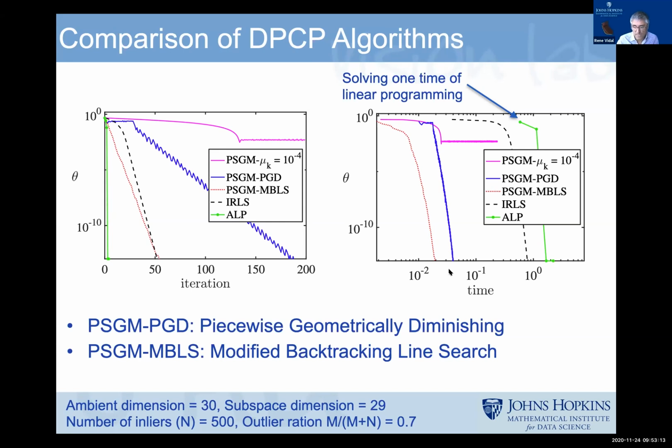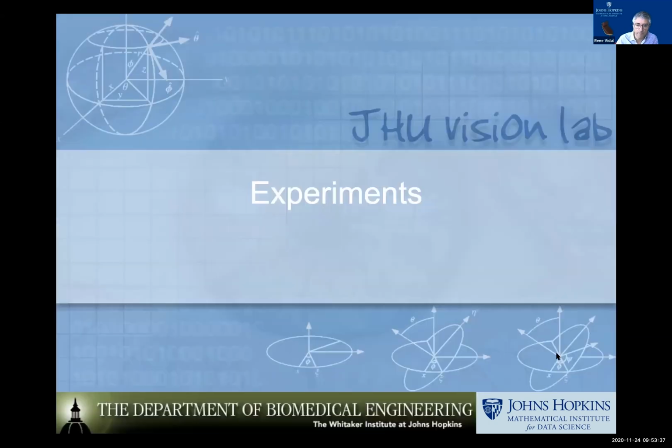And the blue is the one that I just presented, with this piecewise geometrically diminishing step size. Also note the purple one, with a constant rate: it does not work, it's much worse. So this key insight of properly selecting the step size is what gets us the convergence.